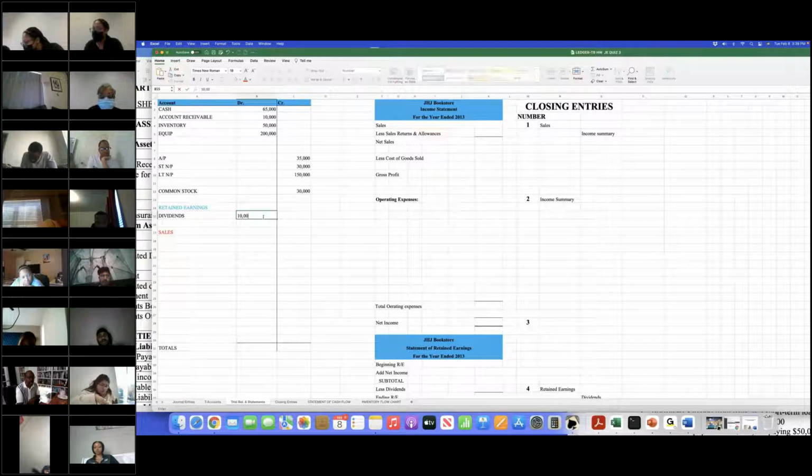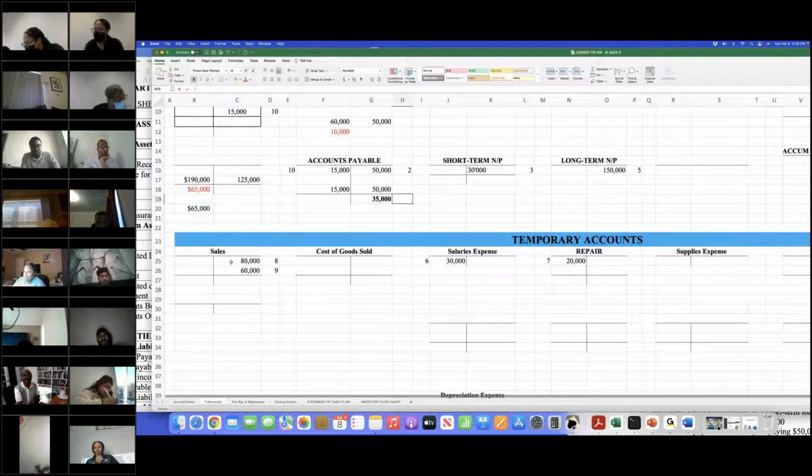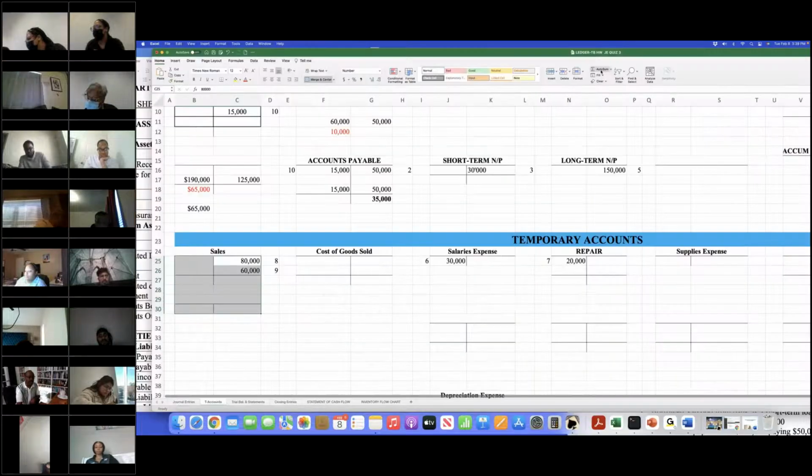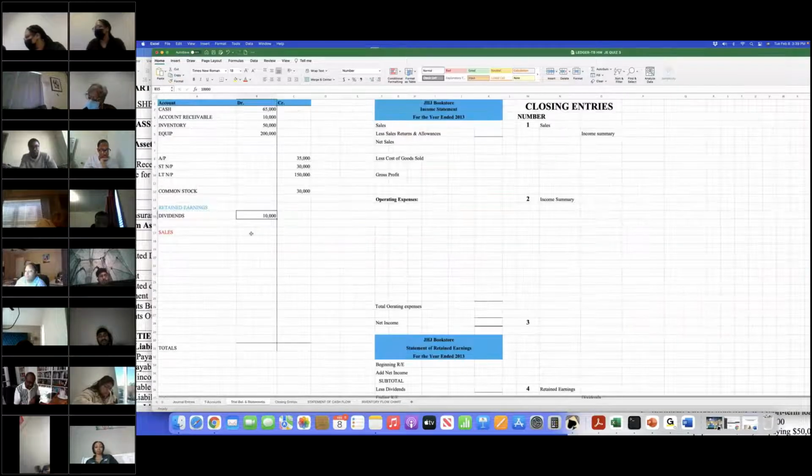Then we go back to the T accounts, the sales that only has credit amounts. So we can autosum it. And we get 140,000. That's going to be on the credit side.